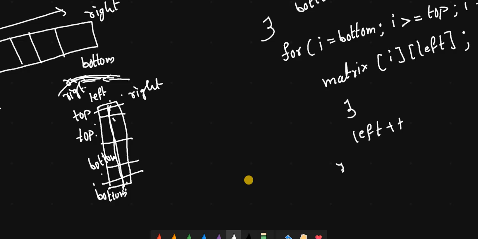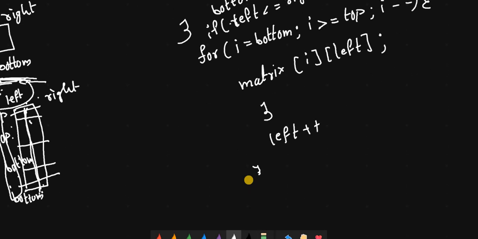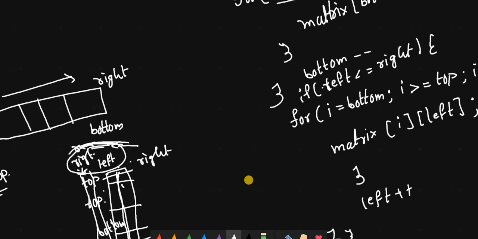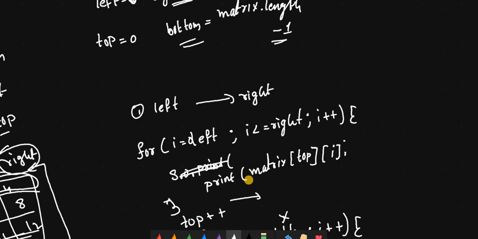With the help of these two variables. If there is another column, the right will point at it, but there are no columns. So we can stop this loop with the help of the right and left columns. If left is less than or equals to right, then only iterate this loop. Otherwise stop. I hope you understood this concept of the spiral matrix algorithm.